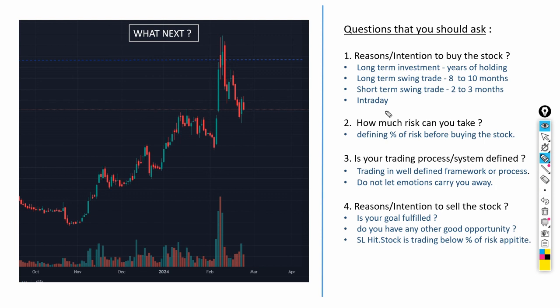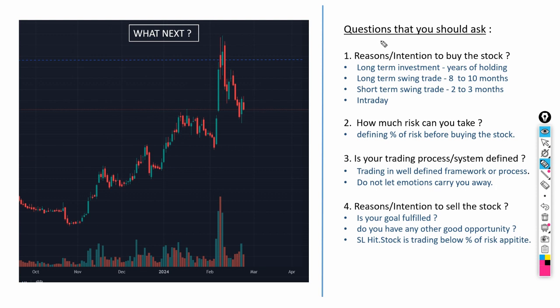Okay, so as mentioned initially, we are going to discuss a few questions which are going to help us simplify taking positions, or help you make a good decision if you are already holding some positions.